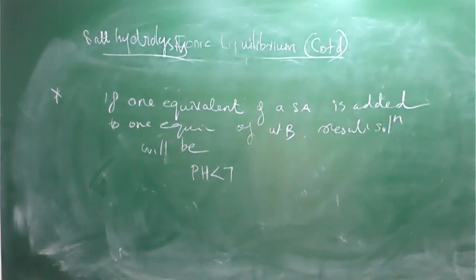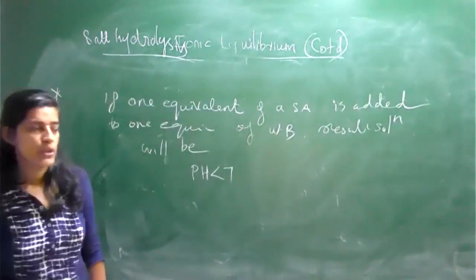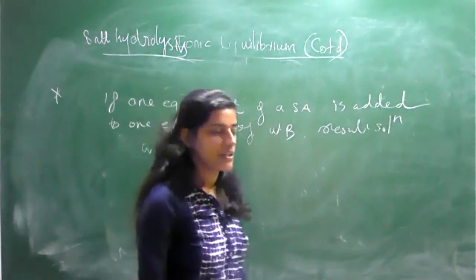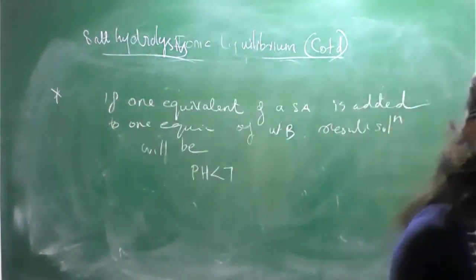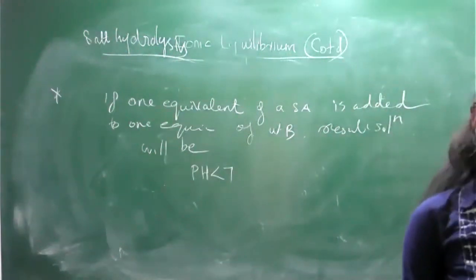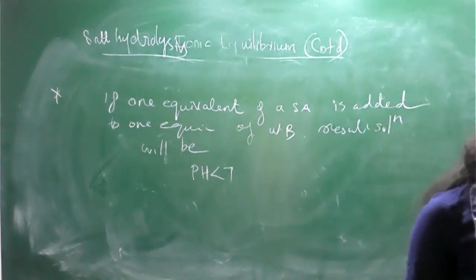Easy now. Almost all the levels we checked, we practiced our previous year questions, possible questions, everything. Next week we want to go through buffer solution, and common ion effect related problems. Just go through the common ion effect, as I mentioned.